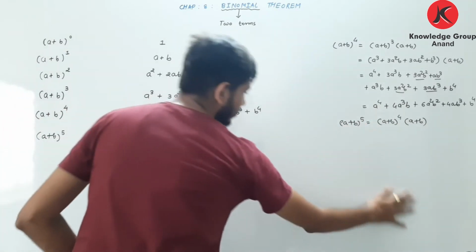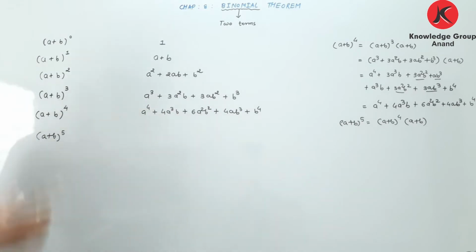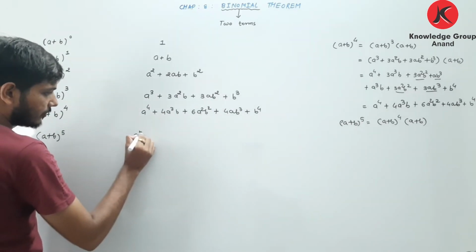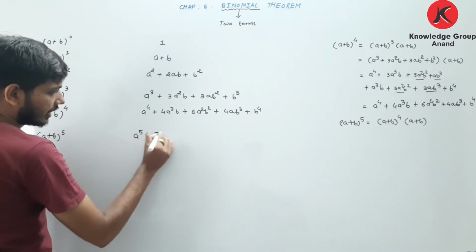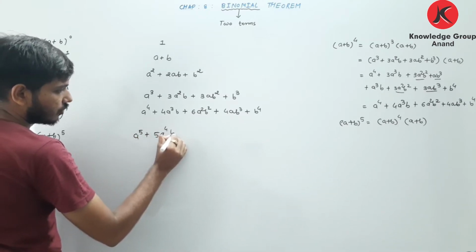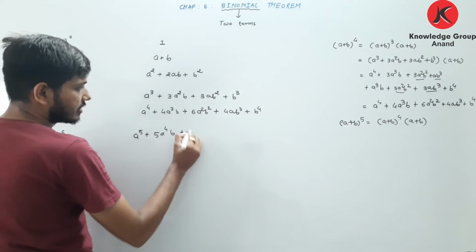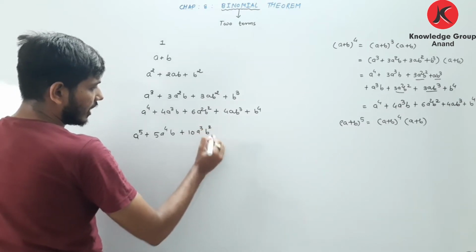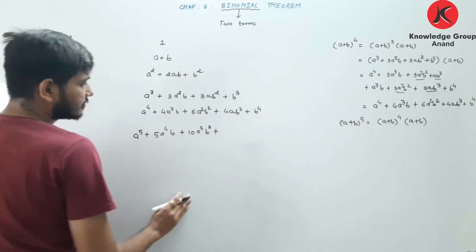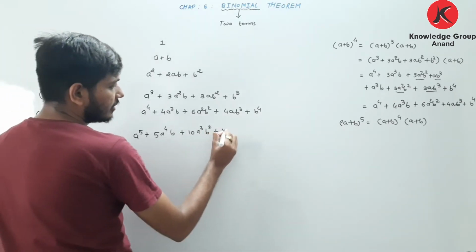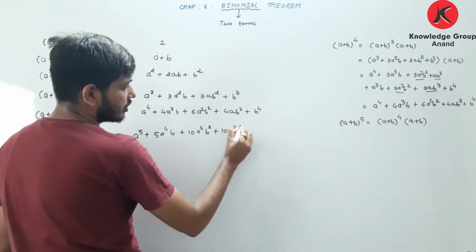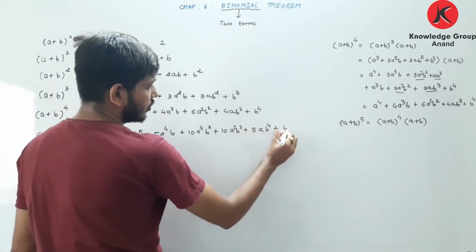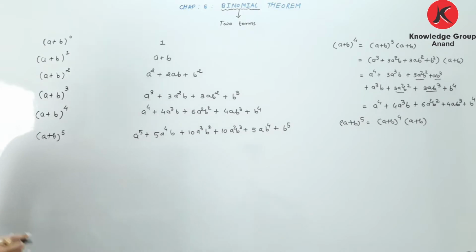Practice this yourself. I am writing the direct answer now. Pay attention. See here, a raised to 5 plus 5a raised to 4b plus 10a cube b square plus 10a square b cube plus 5ab raised to 4 plus b raised to 5.